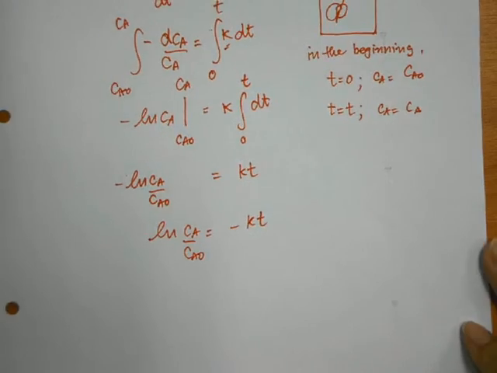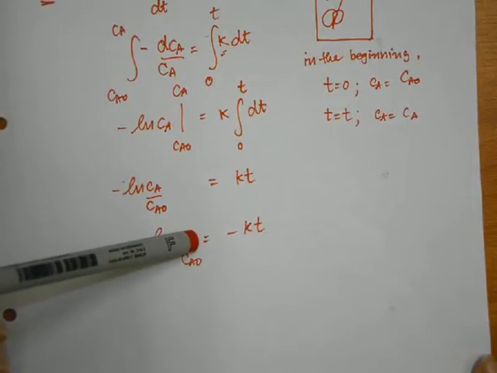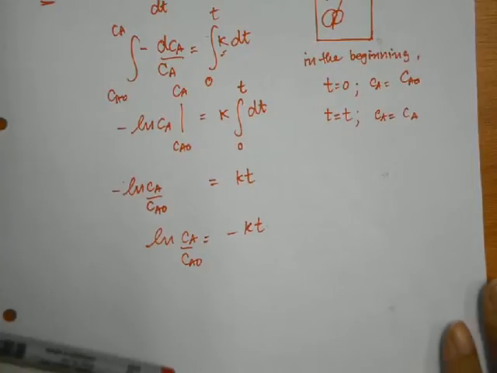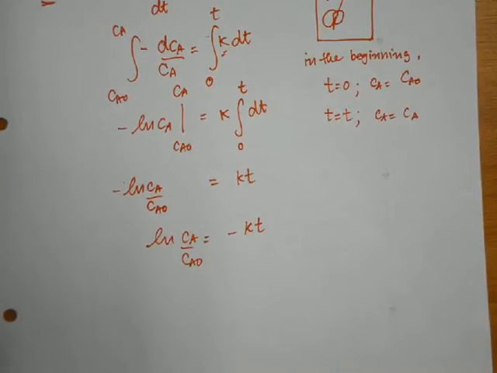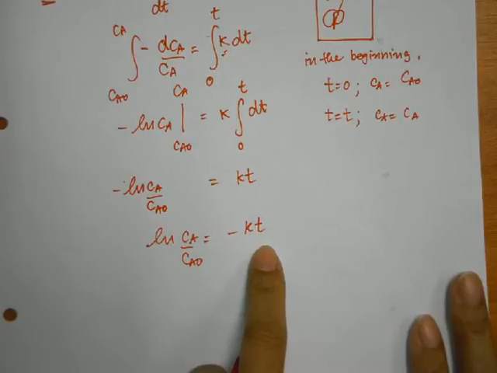The problem statement saying that we want to know the fraction. Fraction is CA over CA0. It means fraction already, right? Fraction of reactant A, which is still remaining in the reactor after 1 minute. You know time, 1 minute. But you can't find the answer because you don't know what is the k.